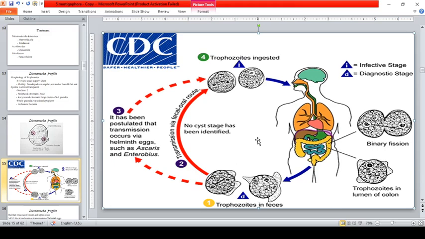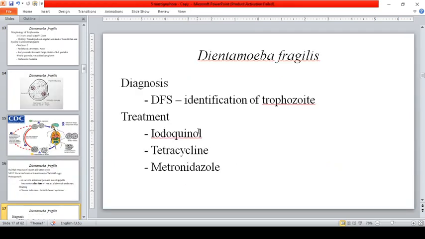Pathogenesis, signs and symptoms: severe abdominal pain and loss of appetite, intermittent diarrhea with mucus, abdominal tenderness and bloating, so chronic infection that may lead to irritable bowel syndrome. Diagnosis: direct fecal smear, identification of trophozoite, saline wet mount. Treatment: iodoquinol, tetracycline, and metronidazole.